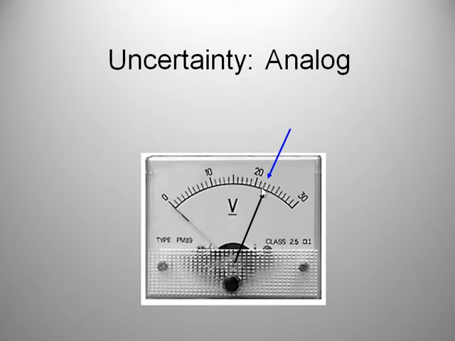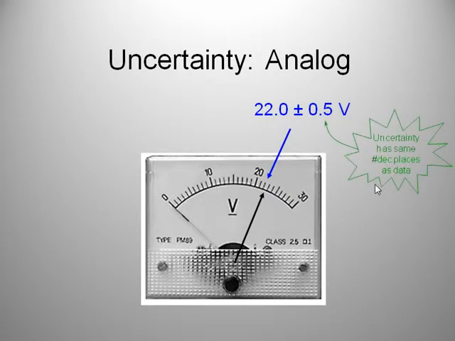These are ones, it's 25. So 1 volt plus or minus 1/2 a volt. So we'd report this reading as 22 plus or minus 1/2 a volt. And here again, we want to have the same number of decimal places in our data value and uncertainty, and uncertainty to one significant figure.